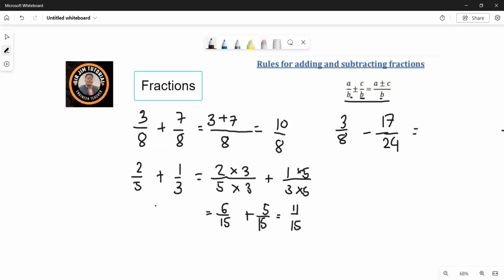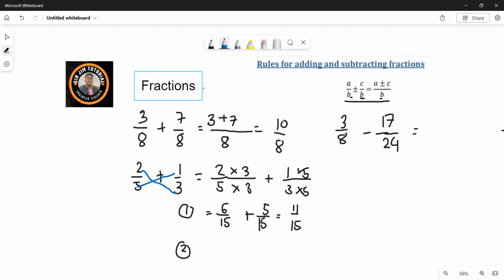But then again, there is also another method. This is alternative solution 1. And then for alternative solution 2, you just have to cross multiply.